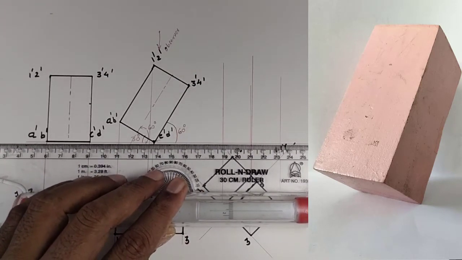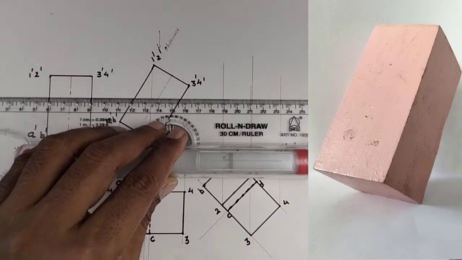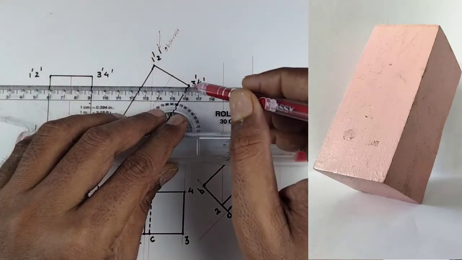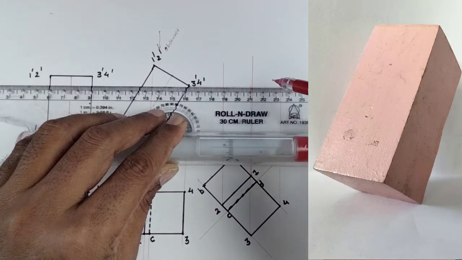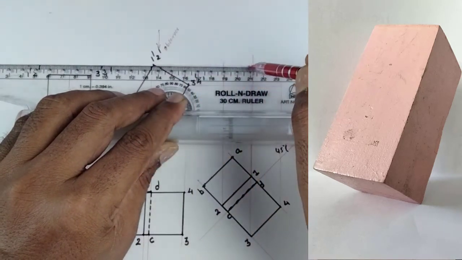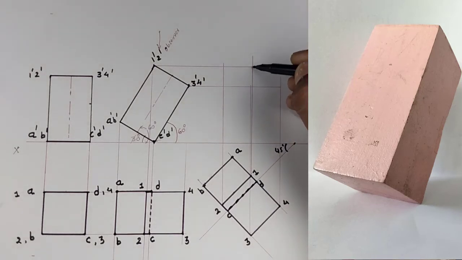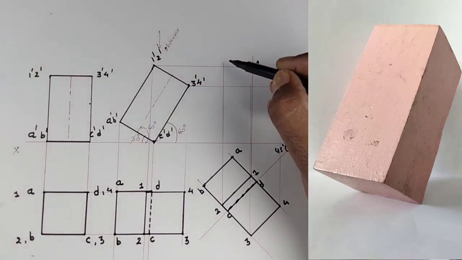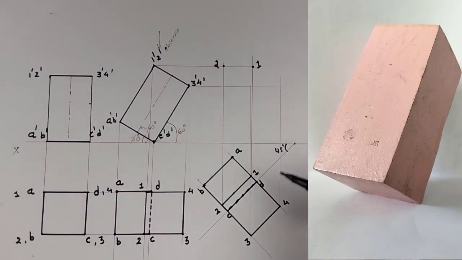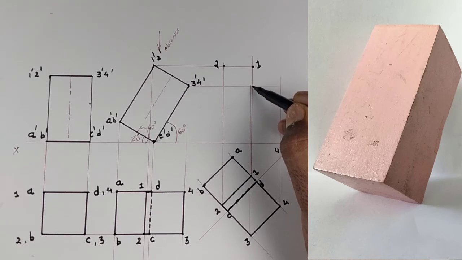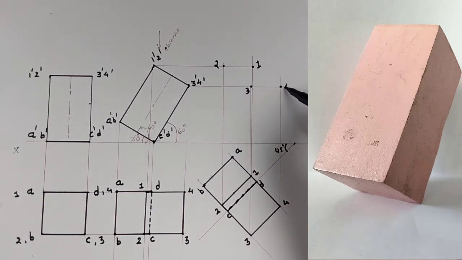You can collect the horizontal projection from the top base. So here locus of point 1 intersects with locus of 1 dash. So I mark the 1. It is our 2 point. This is our corner 3. This is our corner 4.